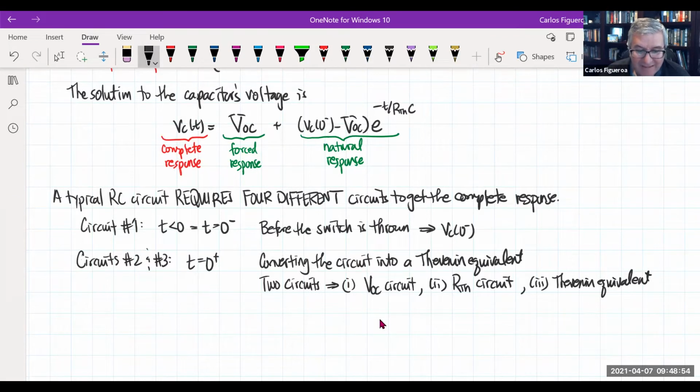What comes out of this is that you'll be able to pick off VC of infinity. You have VC of 0 minus, now you have VC of infinity, and then you have to do one last thing. You now have to solve the circuit problem.